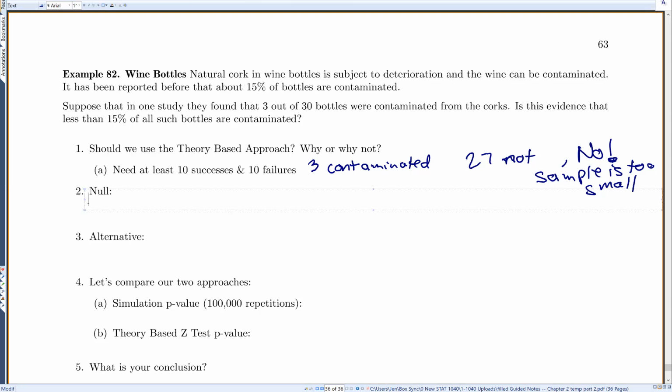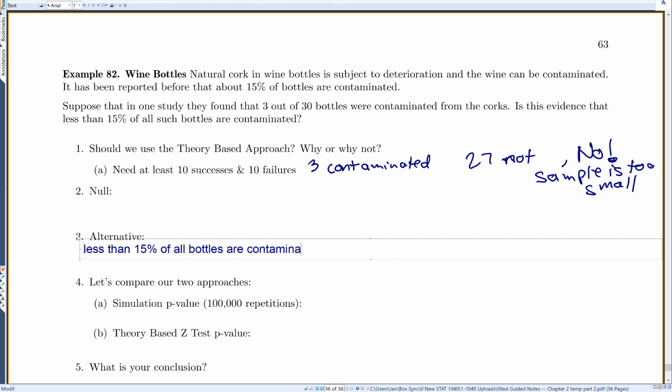Okay. My null, well, sometimes I like to do the alternative. What are they hoping to show? So they are hoping to show that less than 15% of all bottles are contaminated. And then the null would have to be an equal sign.